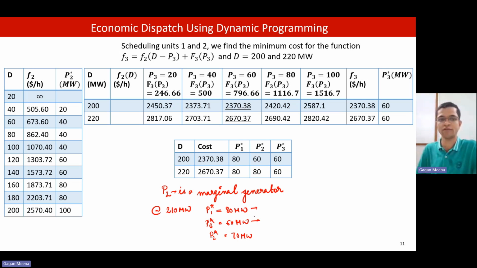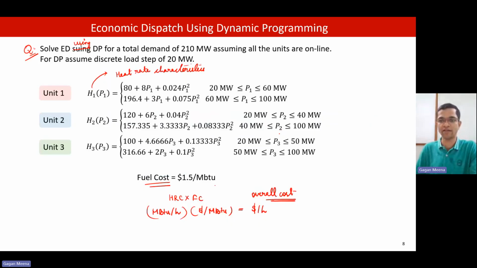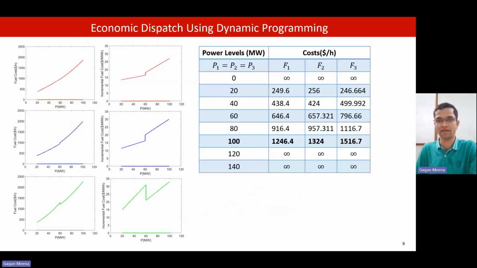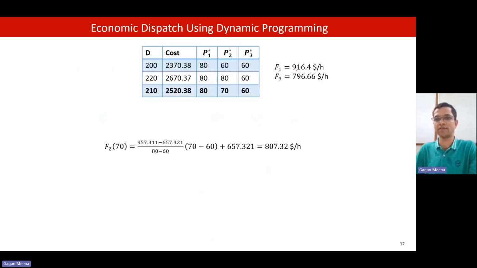And we also know the cost for this directly from their cost curve for 80 and 60. Here we have already calculated. For P1 equal to 80, this is 916.4, and this is 796.66. Here you can see 916.4 and 796.66, this is for P1 and this is for P3.